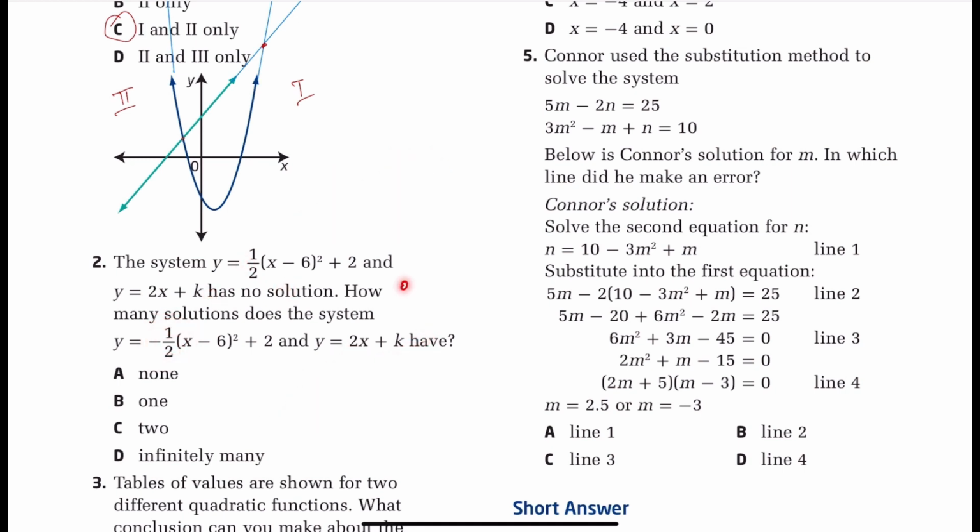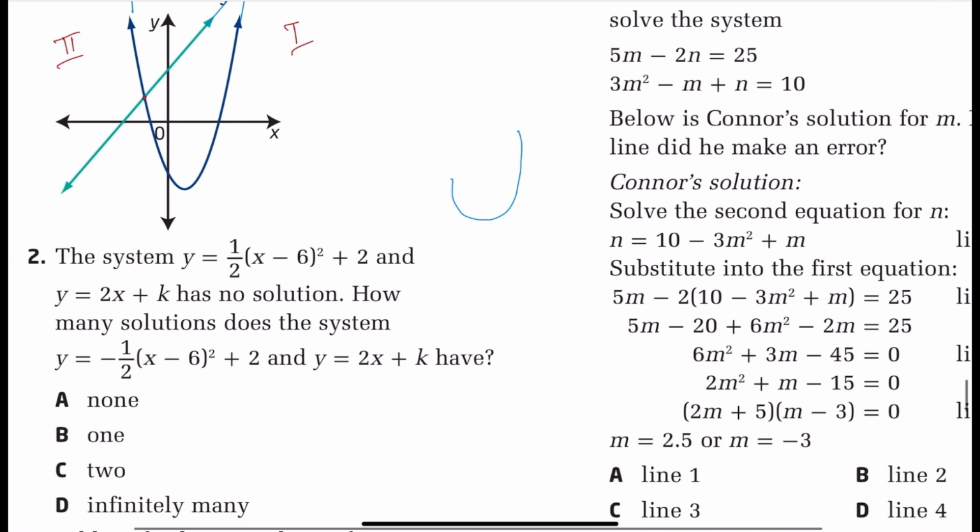If they told us that the first equation does not have a solution, I will draw it like this. My parabola is upward, and my line with a positive slope is like this.